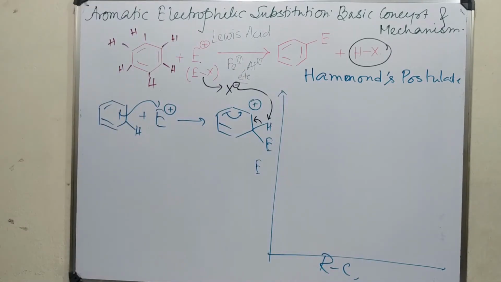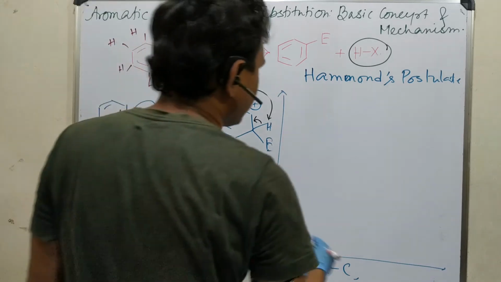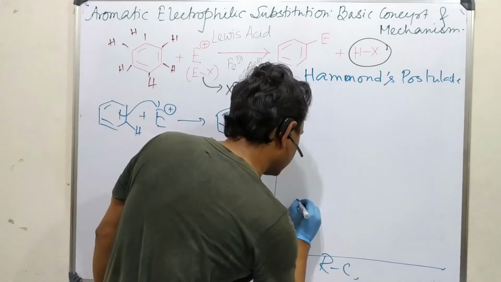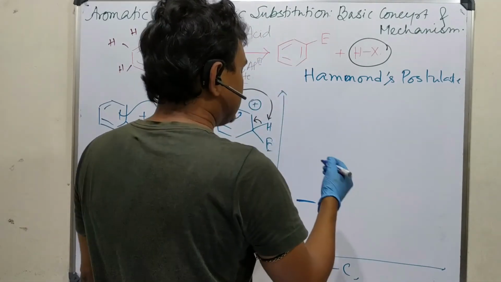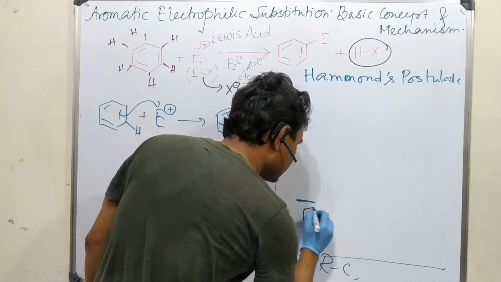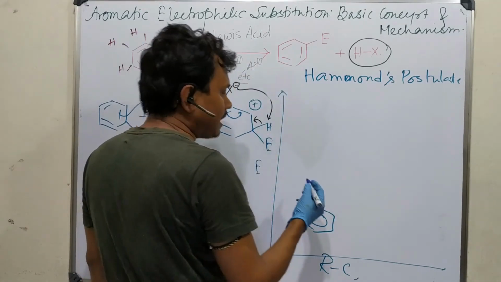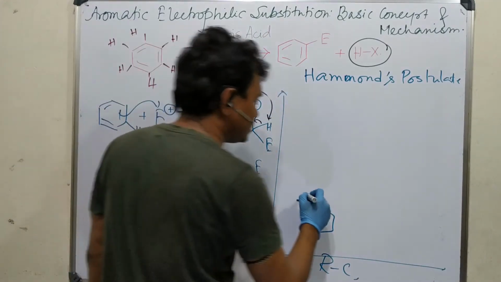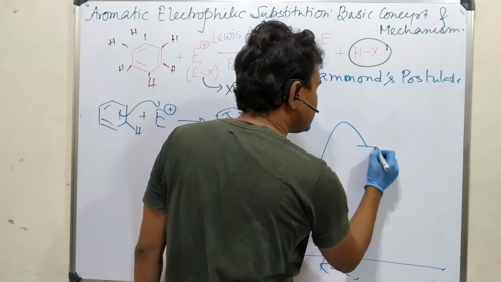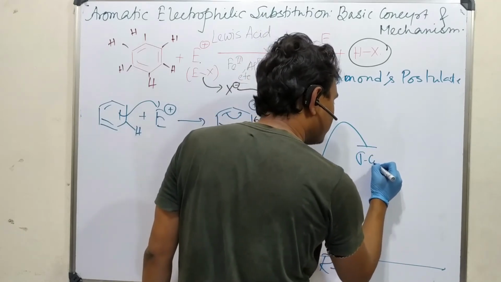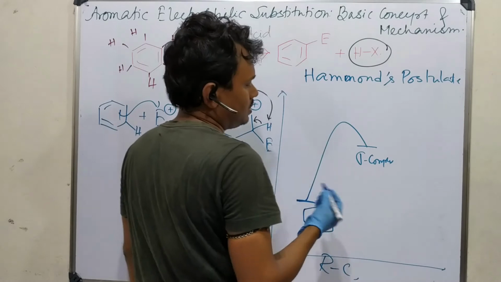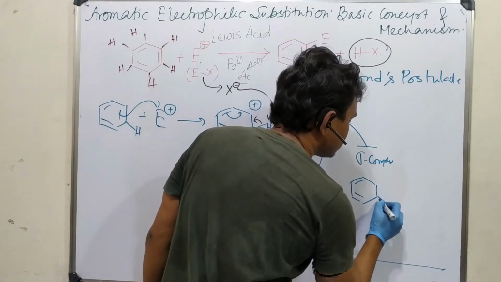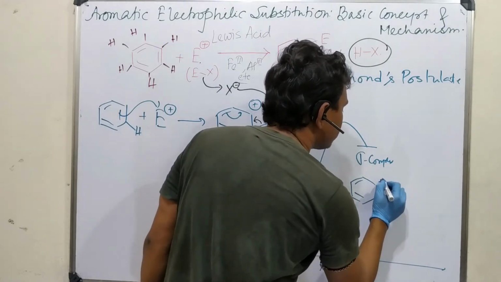Is it visible? Yes. So this is the RC. What happened? Initially this benzene, which was stable, undergoes reaction. This is benzene. It undergoes reaction to produce this intermediate, the sigma complex. So it looks like this. This is the E, this is the H, this is the plus charge.